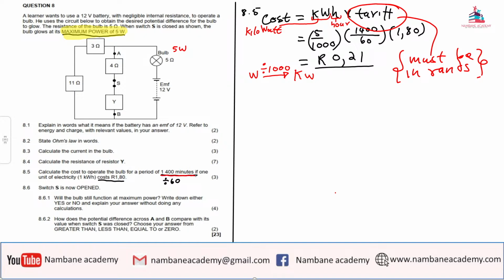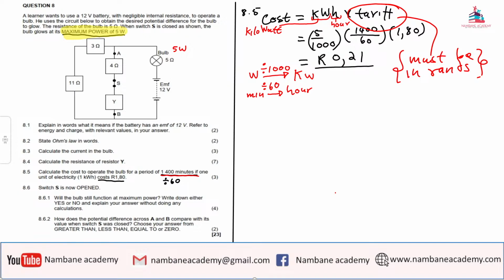Our time is given now in minutes. So to move from minute to hour, what must one do? They must divide by 60. Hence, we have 5 divided by 1000, and 1400 divided by 60. The equation is straightforward: it must be kilowatt hour, it must be the tariff in rands, then everything is in the correct SI unit.